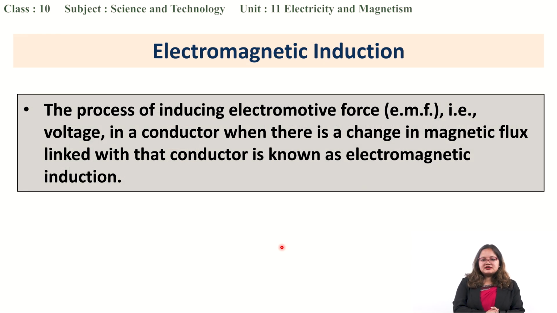Simply, it is the process of inducing EMF in a conductor when there is a change in magnetic flux linked with that conductor. That is electromagnetic induction. And we also did a small experiment earlier in the class showing how a changing magnetic flux generates EMF in a conductor, right? So now the new term for us is mutual induction.